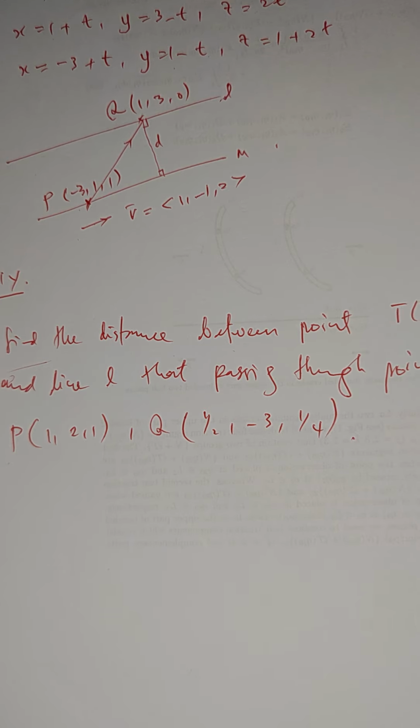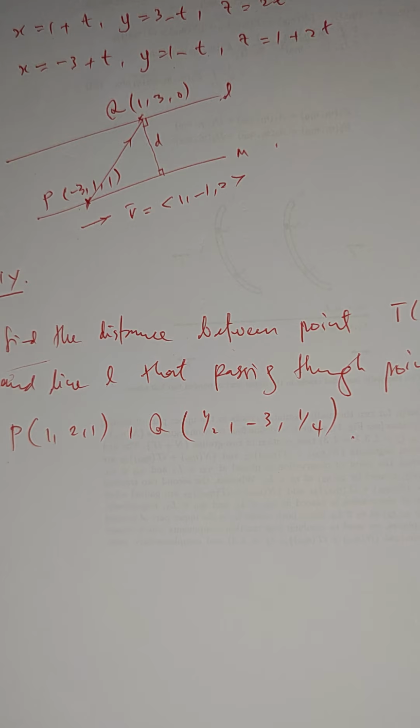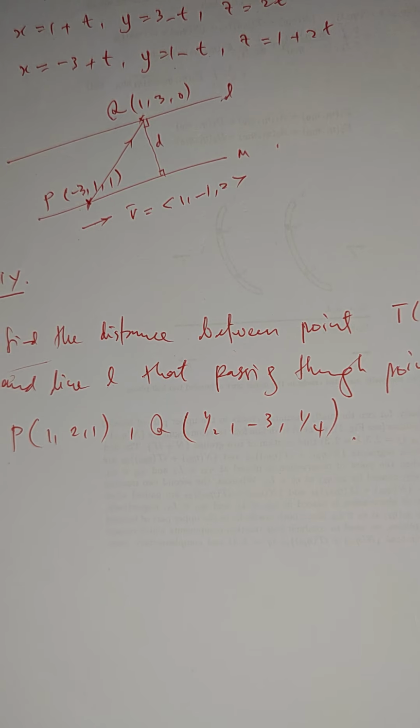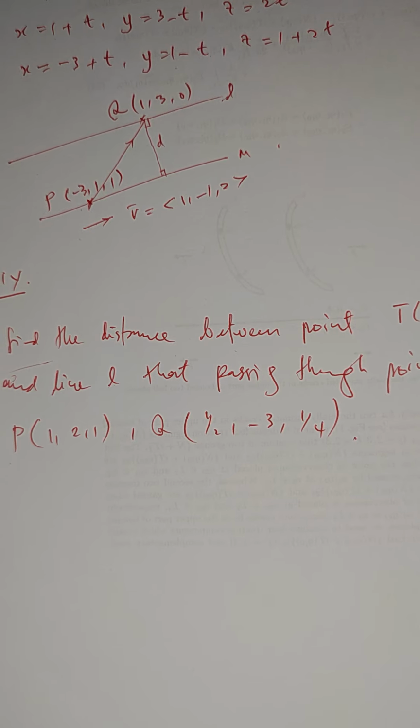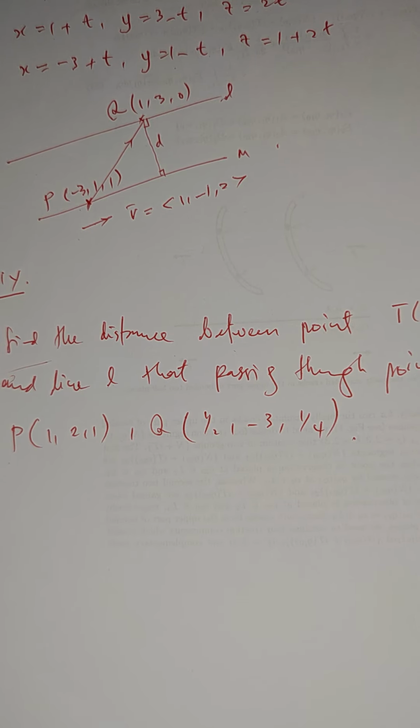Okay, let me wrap up what I have talked about in this video. We dealt with the equation of a line in three-dimensional space, with Cartesian coordinates x, y, z.